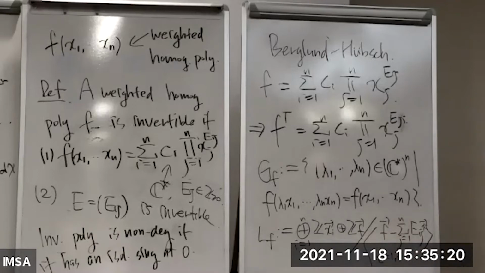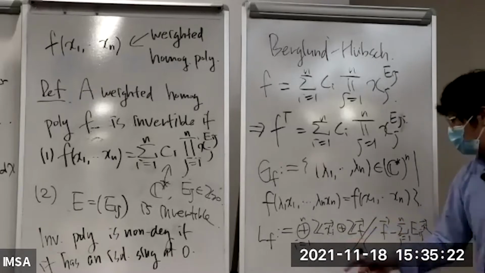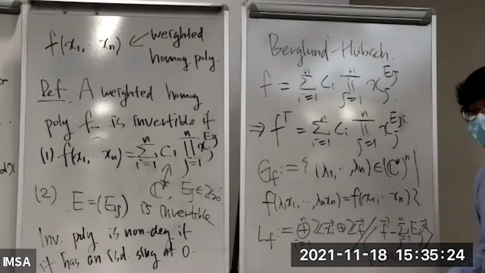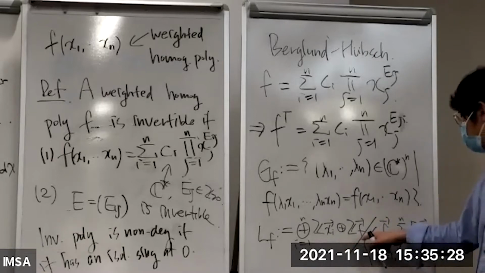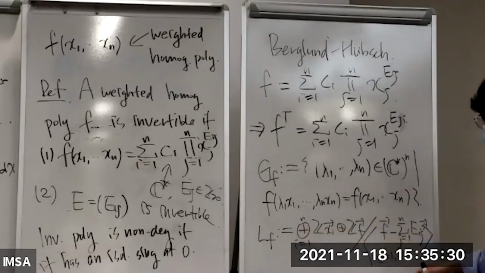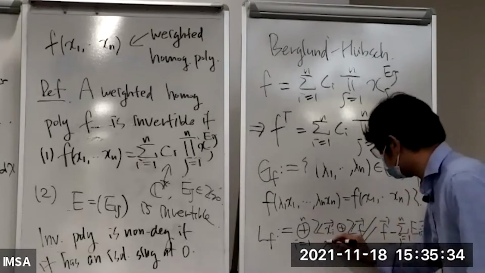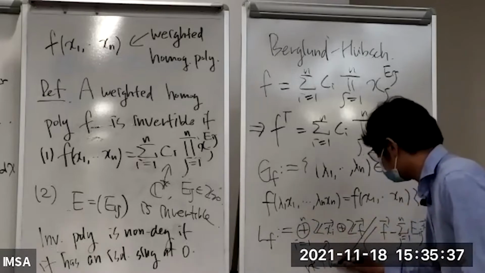So then this is an abelian group of rank 1, because I have n variables and one more, so n plus 1 variables, ordered by n relations, so this is a rank 1 abelian group.